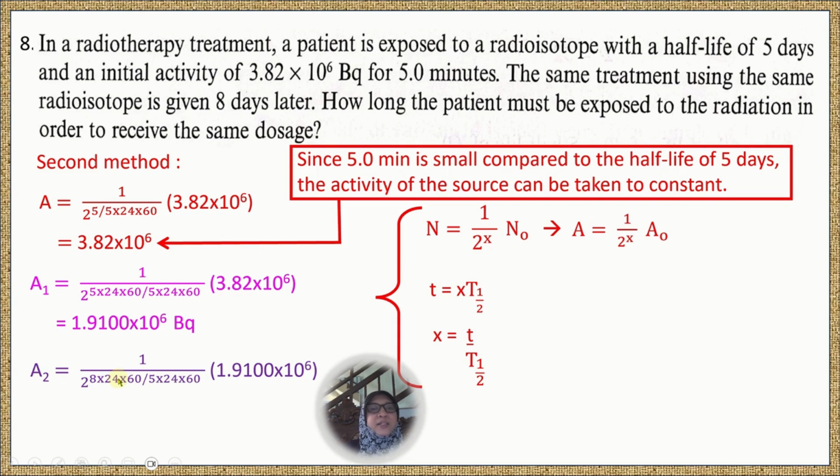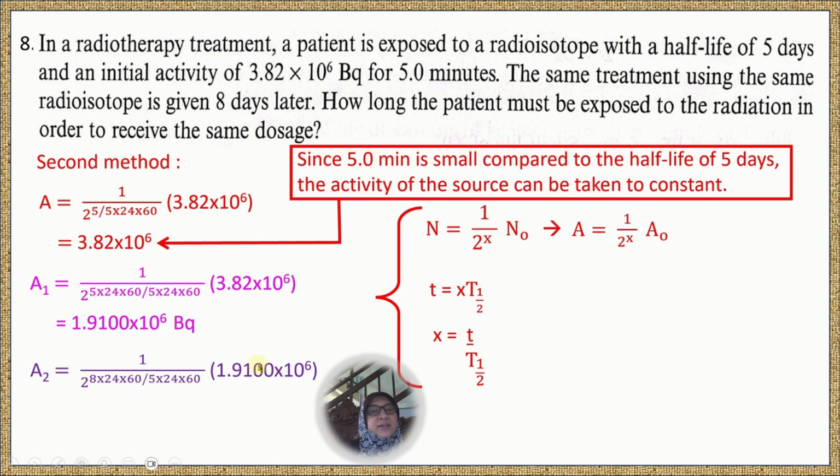Okay, so for the 8 days, we use the symbol A2 for 8 days. The activity becomes, okay, the x here is T, time taken 8 days, converted to minutes, and then divided by half-life in minutes.